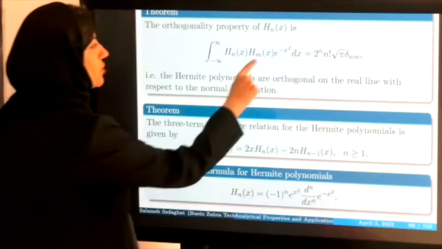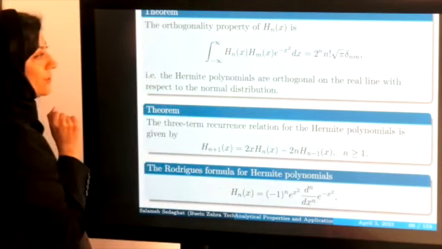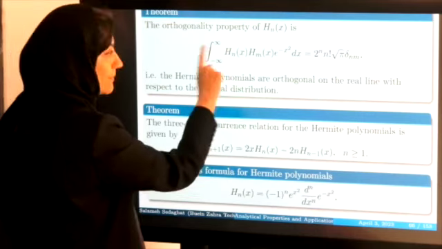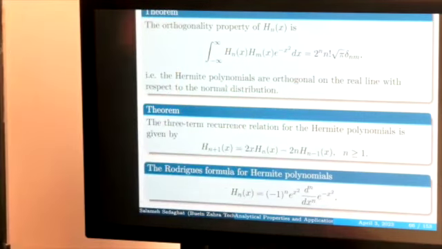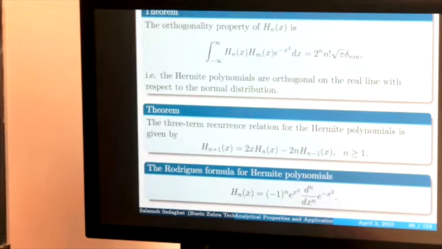So the weight function for Hermite polynomials is e to the minus x squared, and the orthogonality property of these polynomials is this equation. Now we want to show it to you.